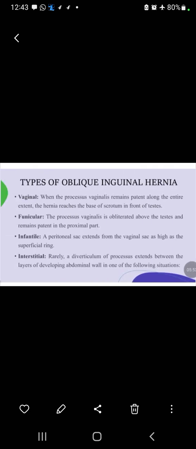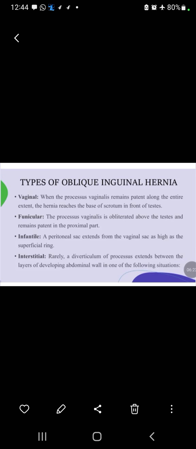Types of oblique inguinal hernia: vaginal, when the processus vaginalis remains patent along the entire extent, the hernia reaches the base of the scrotum in front of the testis. Funicular: the processus vaginalis is obliterated above the testis and remains patent in the proximal part.